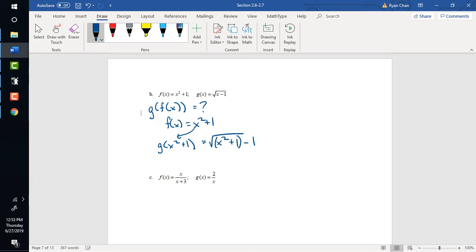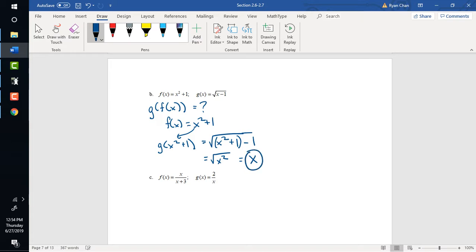Once again, my x gets replaced with whatever's inside my parentheses. This one's nice. This becomes square root of x squared, 1 minus 1 cancels out, and then square root of x squared becomes x.